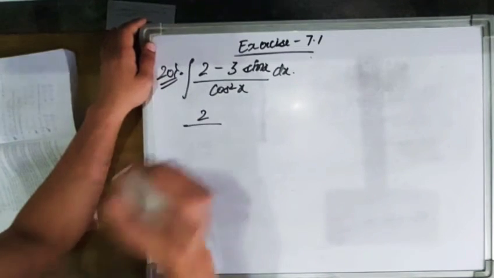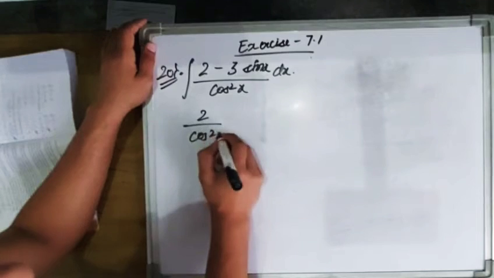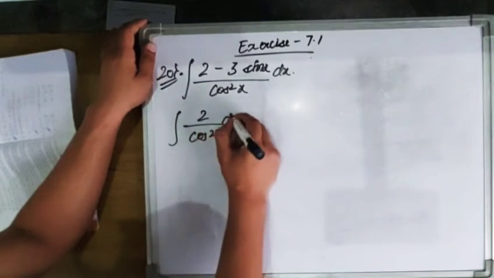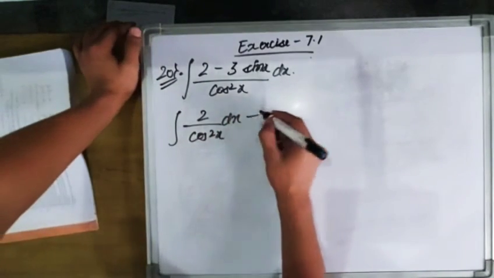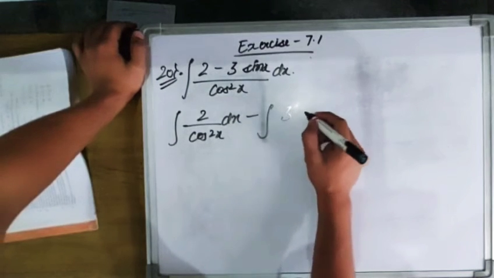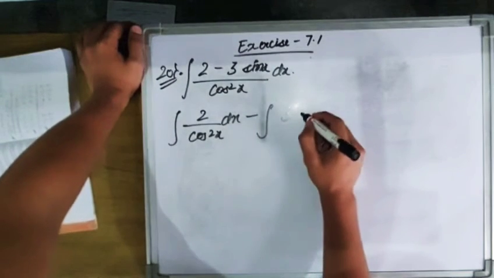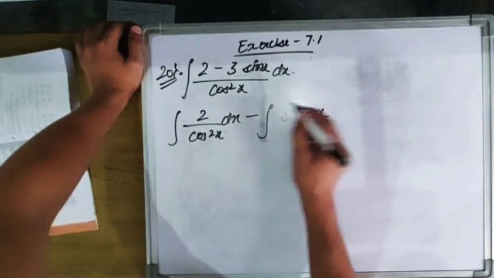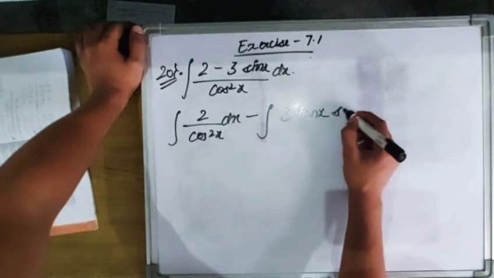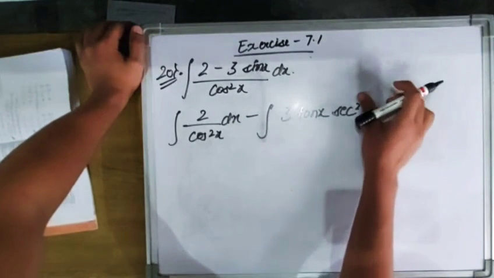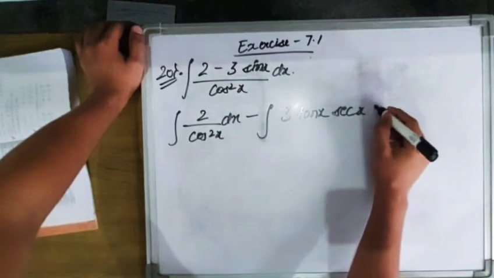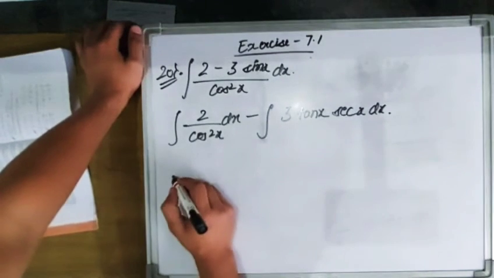Separating the terms, we have 2 upon cos square x, and the integration of sin x upon cos square x.